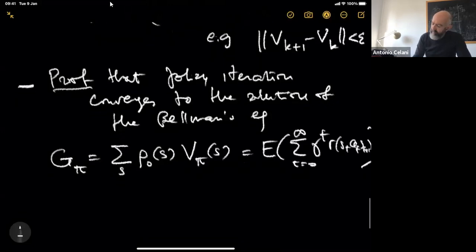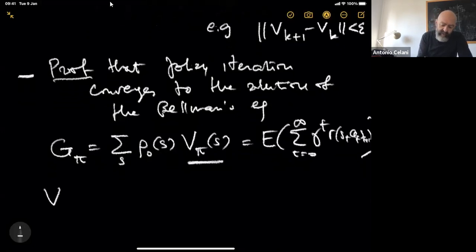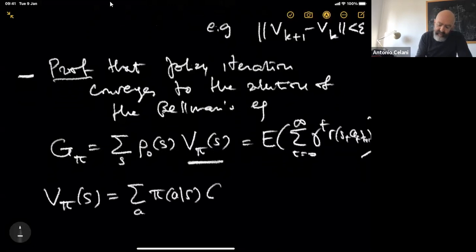All right. Now let's concentrate on the value function. So the value function for my policy pi is very simply connected to my Q function. Okay, so this first step is quite straightforward.